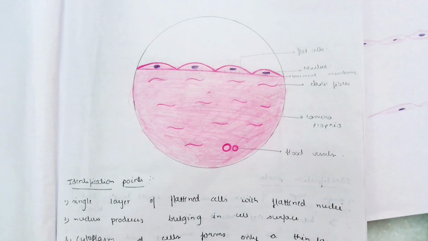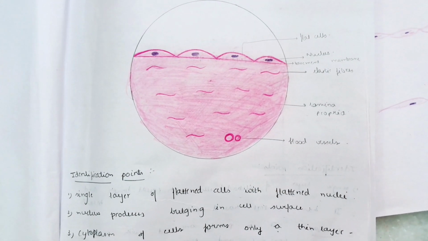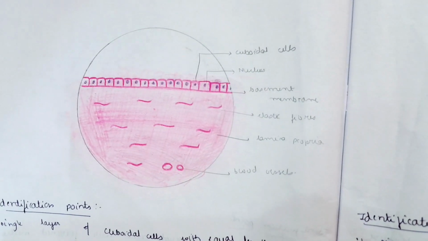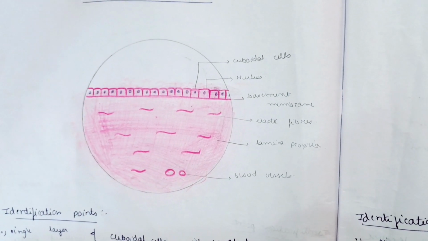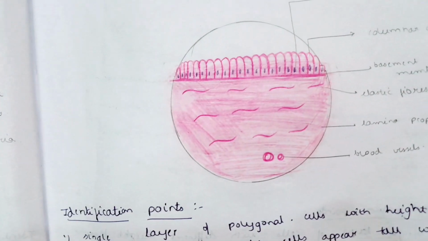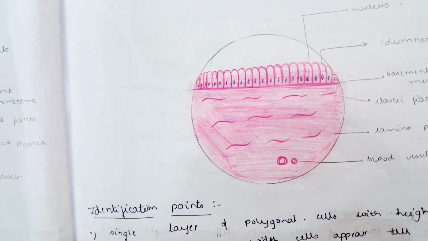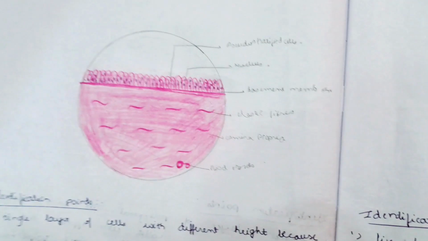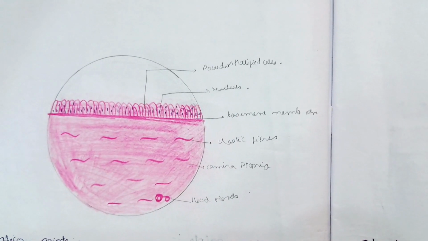First is simple squamous: flattened cells, flattened nuclei produce bulging. And this is simple cuboidal: length and breadth equal, middle round nuclei. And this is simple columnar, with height greater than breadth and basal nuclei. And this is pseudostratified with different heights.